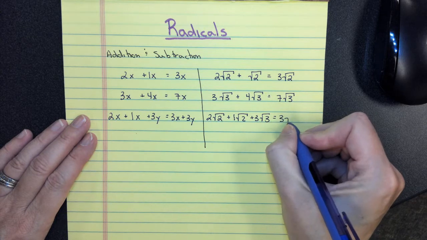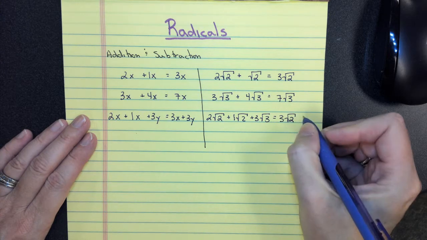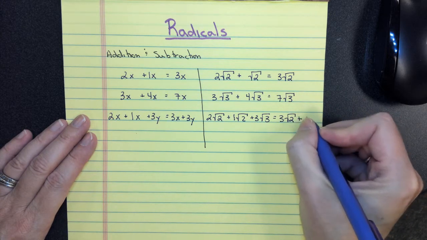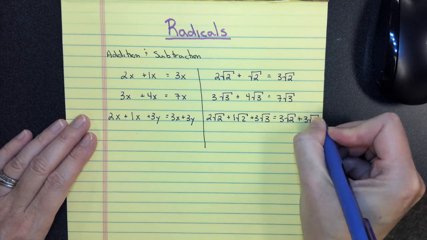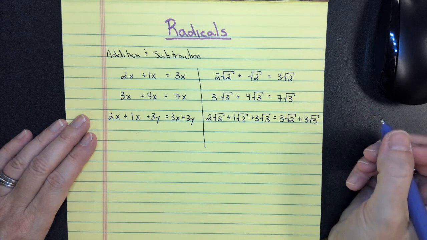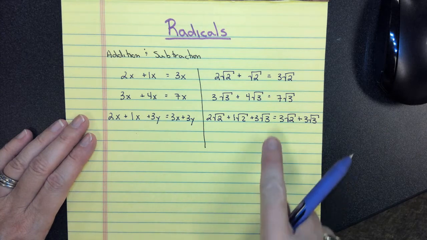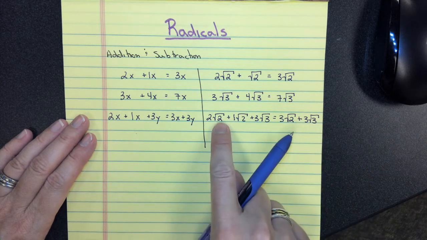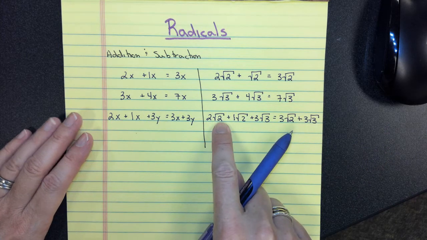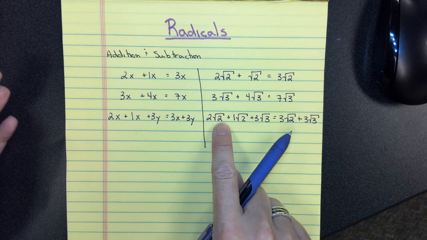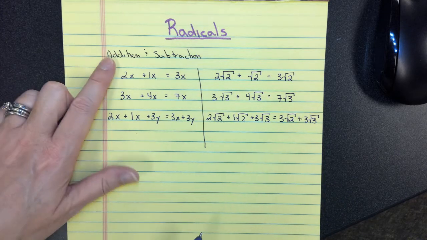That'll give me 3 square root of 2 plus 3 square root of 3. All right, so we want to just make sure we're watching that. Remember, it could be square root of 2, square root of 6, square root of 7, doesn't matter, but the square roots behave like letters when we have addition and subtraction.